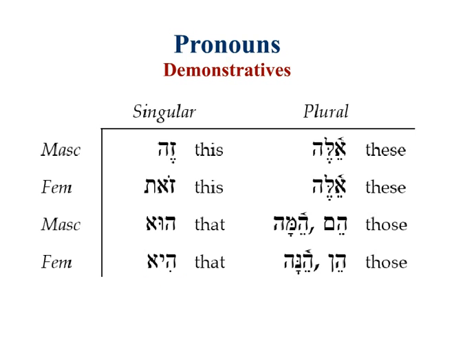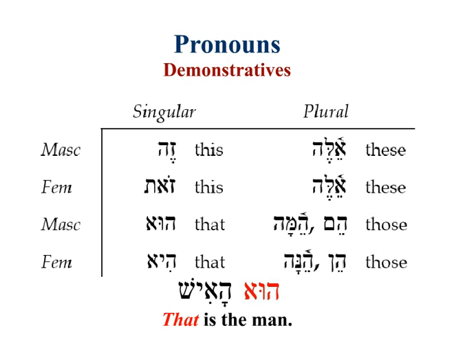Context should help you in most instances, but there may be ambiguity, as in an example like hu ha'ish. This has two translation possibilities. It could translate he is the man, understanding hu as the independent personal pronoun, or it could translate that is the man, understanding the hu as a demonstrative pronoun.